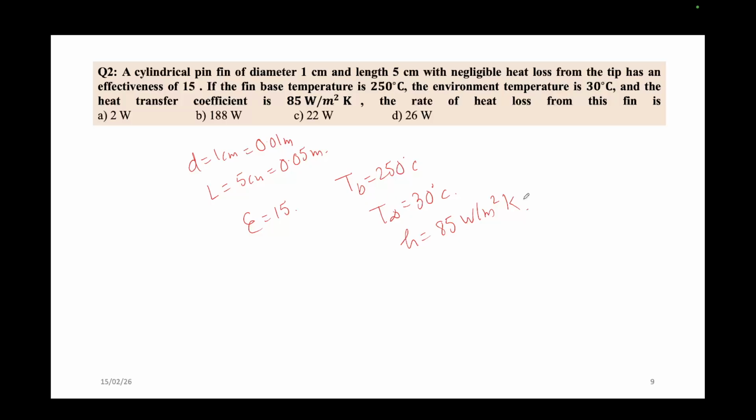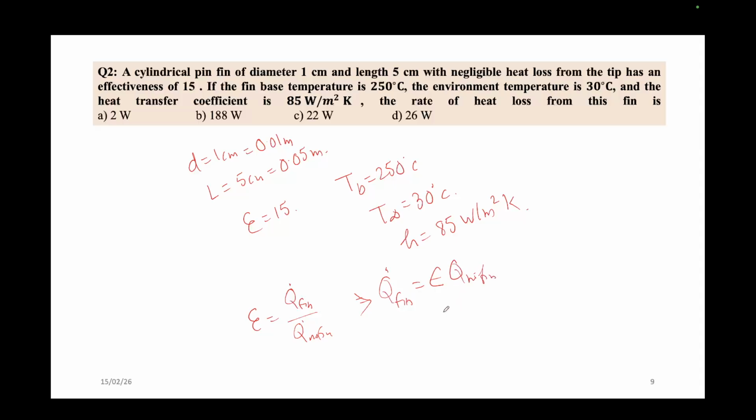Heat loss from the actual fin, yes. You have to find Q dot fin. Yes, good. Q no fin. So basically Q fin is effectiveness times Q no fin.